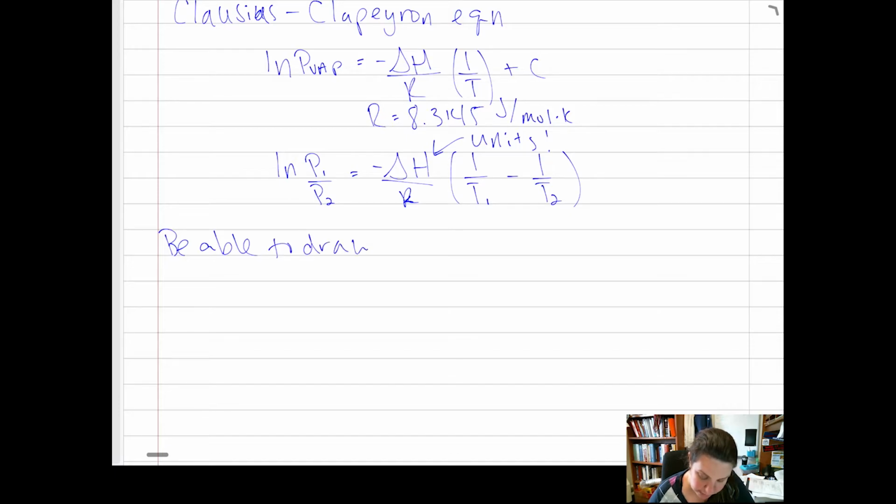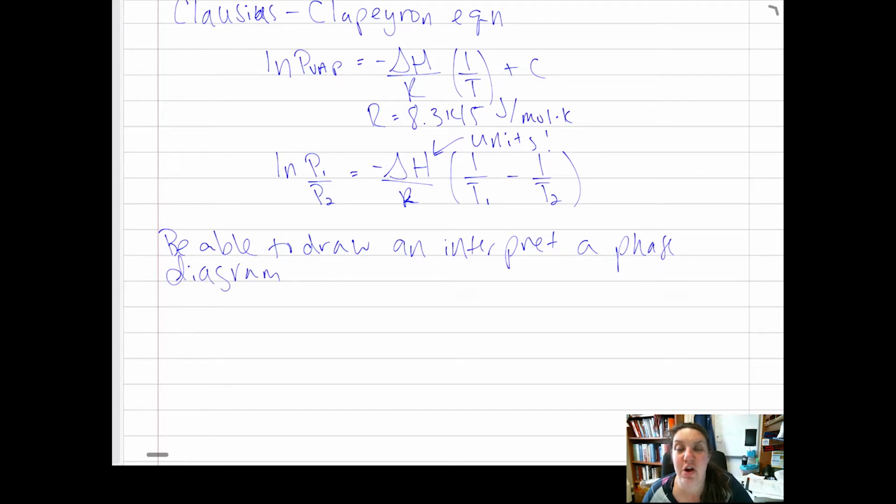and interpret. It's more important that you can draw a heating and cooling curve, but you should know what the general layout of a phase diagram is. You should know what the melting, freezing equilibrium line is, what the vapor liquid equilibrium line or vapor pressure curve is.